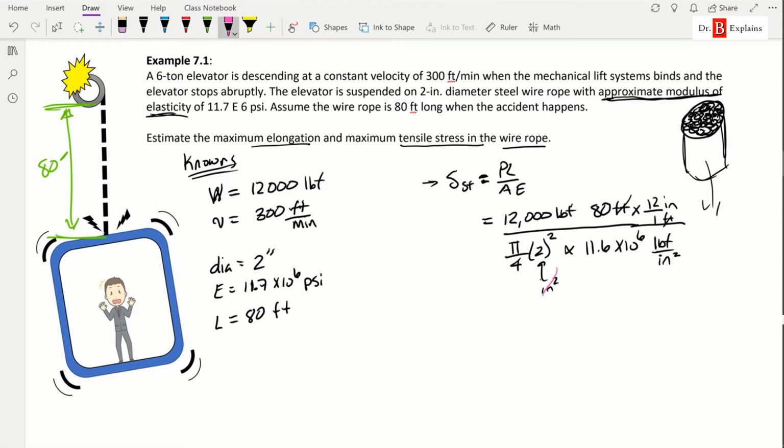The area is in inches squared and the modulus is in pounds per square inch, so the inches squared cancel and the pounds cancel, and we're going to get the deflection in inches.